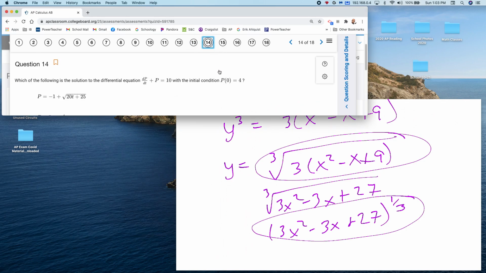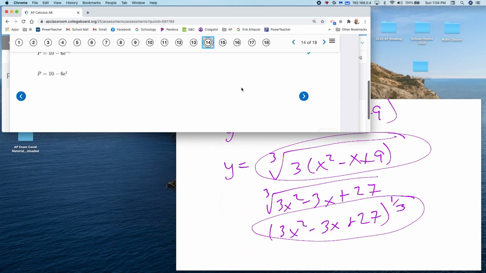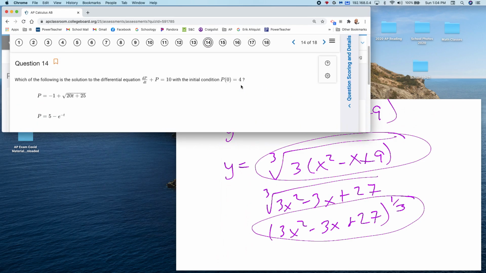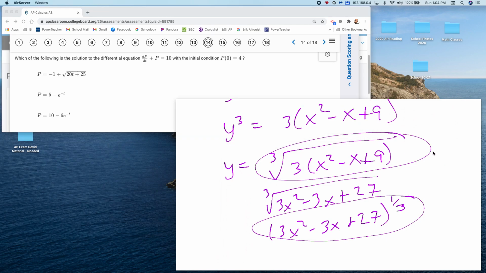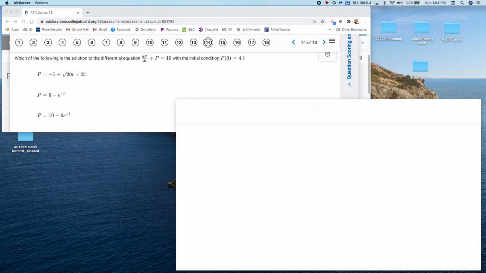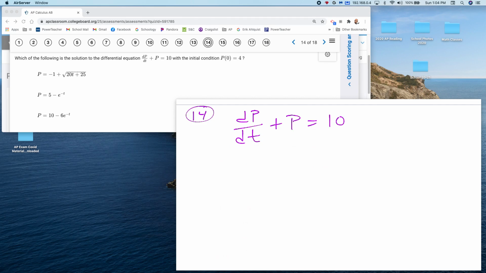Let's look at 14. On 14, same kind of deal, although this one is a little tricky on how you separate the variables. I know that usually I say you've got to separate the variables with multiplication and division only, and that is still a true statement.